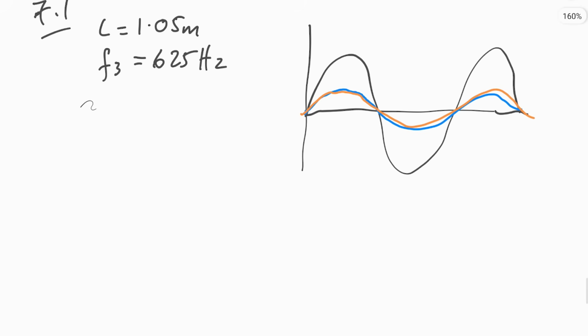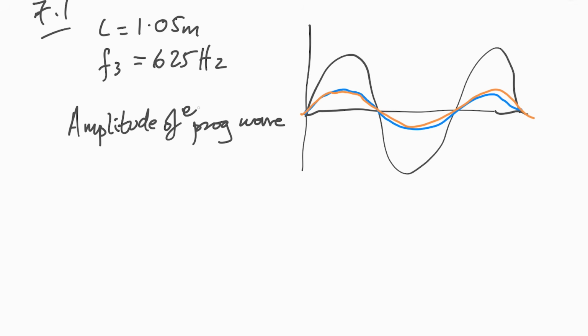So therefore, amplitude of each progressive wave equals half amplitude of stationary wave. Makes sense. They add up to that, don't they? That's what interference is. Or superposition.